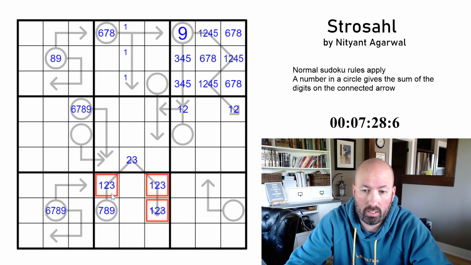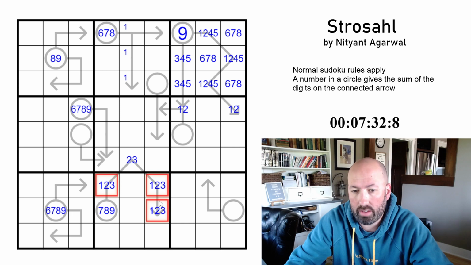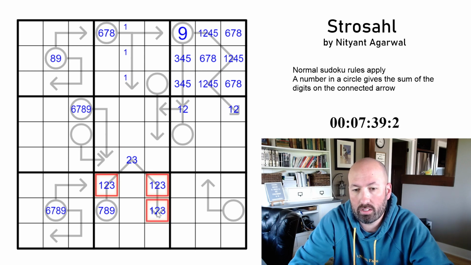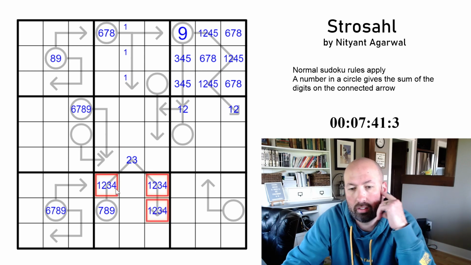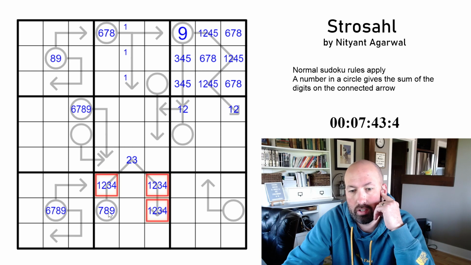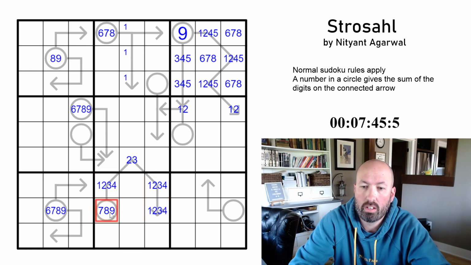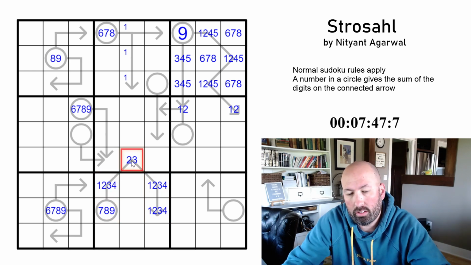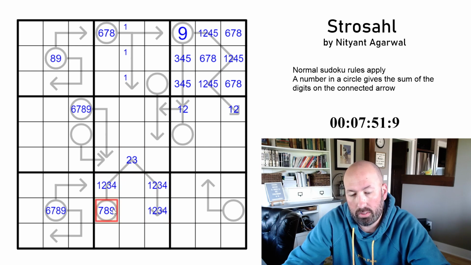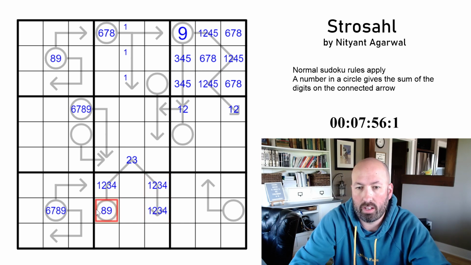This has to be at most 7. So if this is bigger than 7 plus 2, you're going over 9. So this is at most 7. So it has to be 1, 2, 3 or 1, 2, 4, actually. 6 or 7, which means this can't be 7. Because the smallest this can be is 2. And this would have to be 5 to make 7 then. And you can't make 5 in 3 cells. So this can't be 7. It's an 8 or a 9.